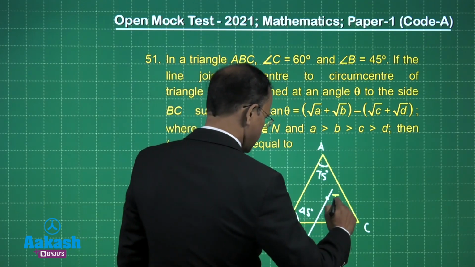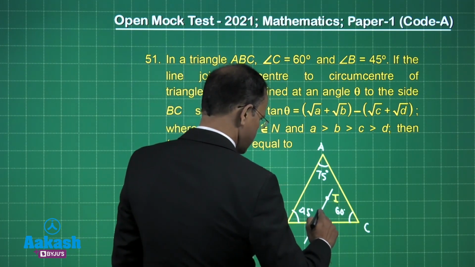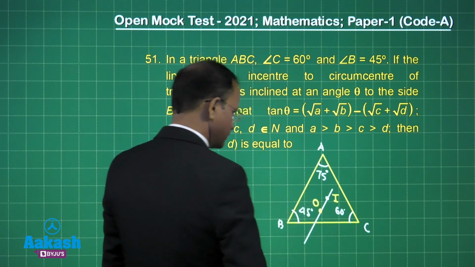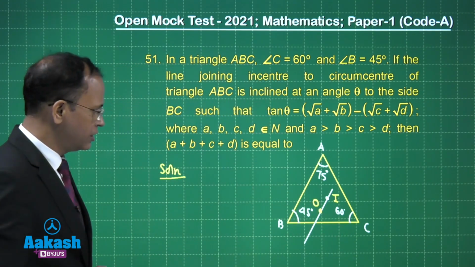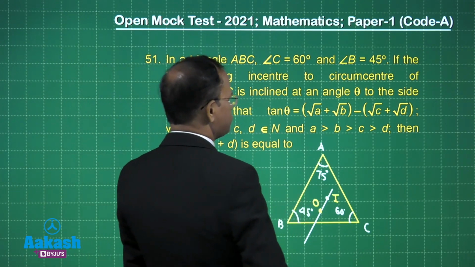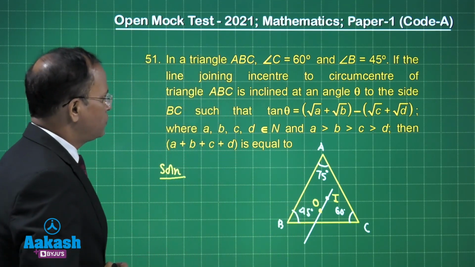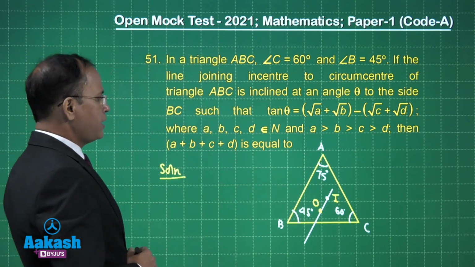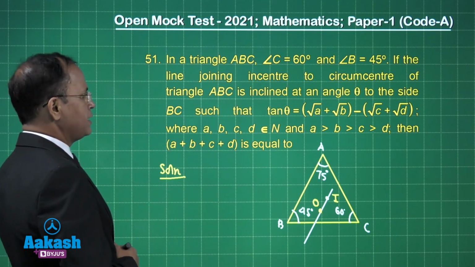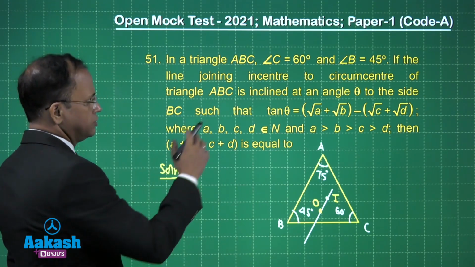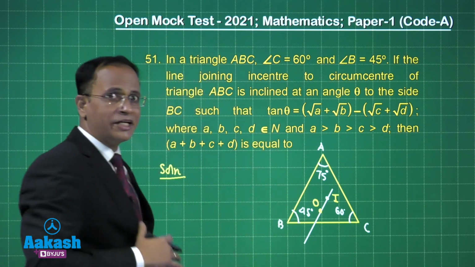Suppose I am talking about this as the circumcenter, and this is the incenter. Now, the line joining these is inclined at an angle theta to the side BC.